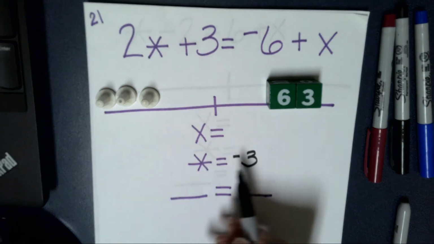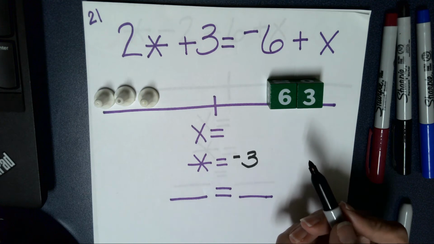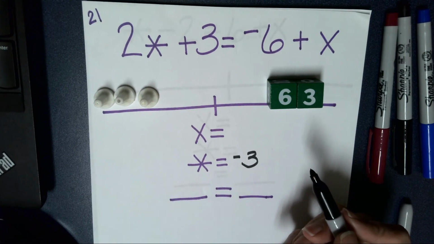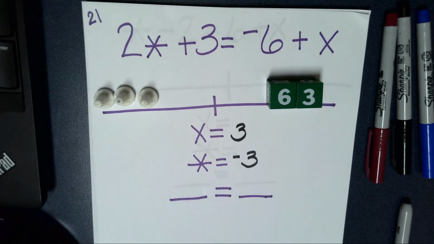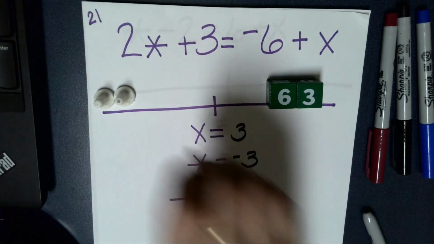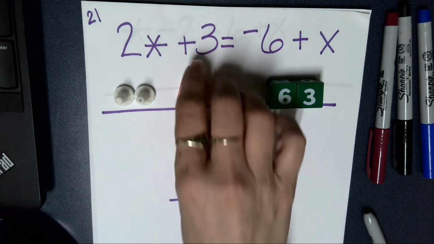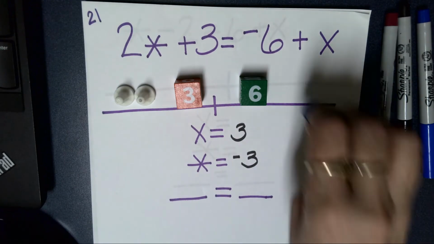Now if a star is equal to -3, then a pawn is going to be equal to what? So what's the opposite of -3? That would be positive 3. Then we're going to reset. So we started with 2 stars and a 3. And on the right side, we had the opposite of 6 and a pawn.